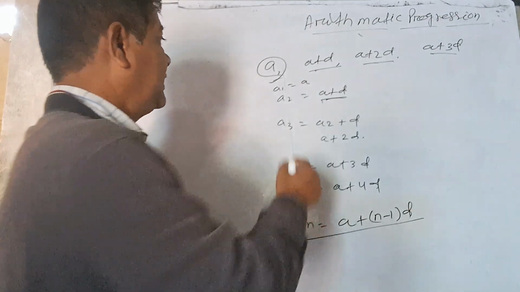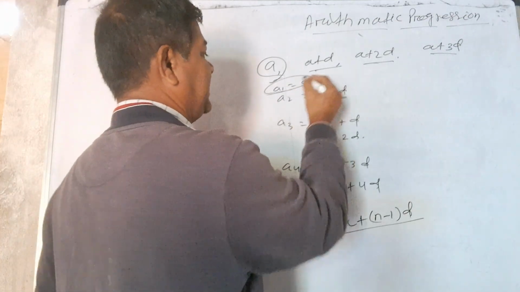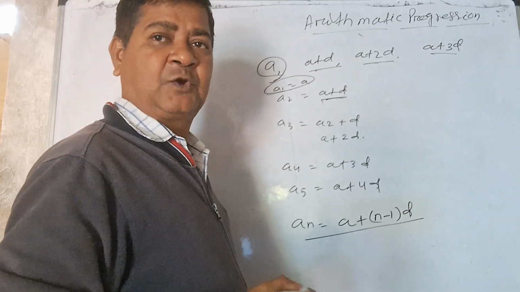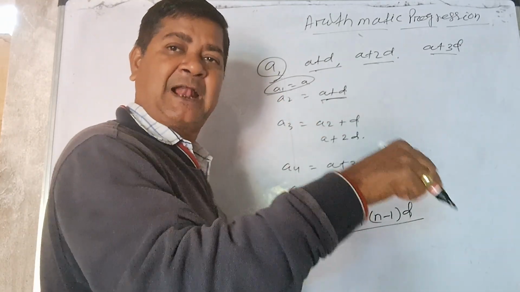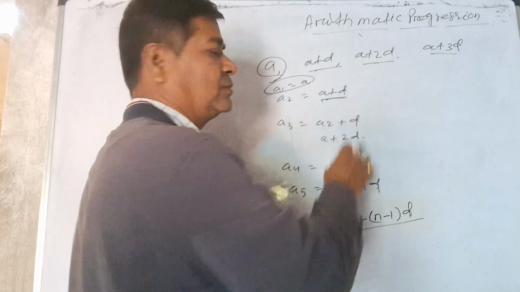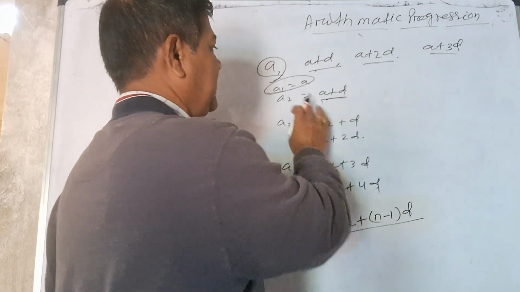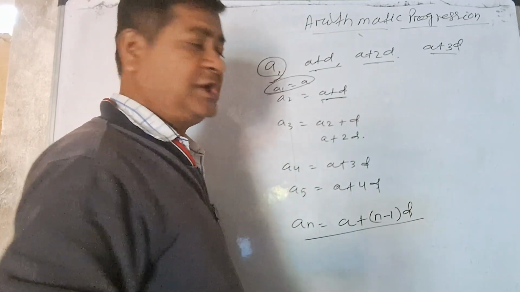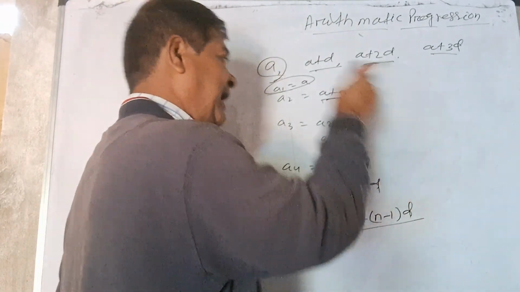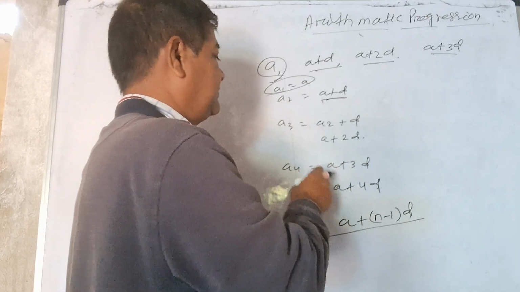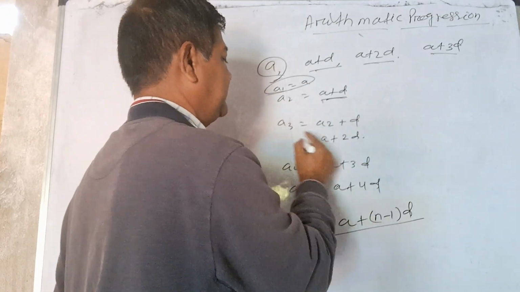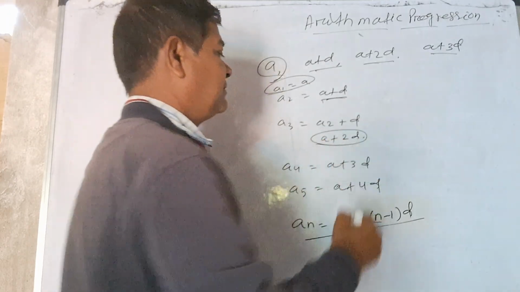Try to understand. a1 is your first term a. Common difference d, when added to the first term, we will get a2, the second term, a plus d. If we add another d with a2, then you will get a3. a3 is a plus 2d.